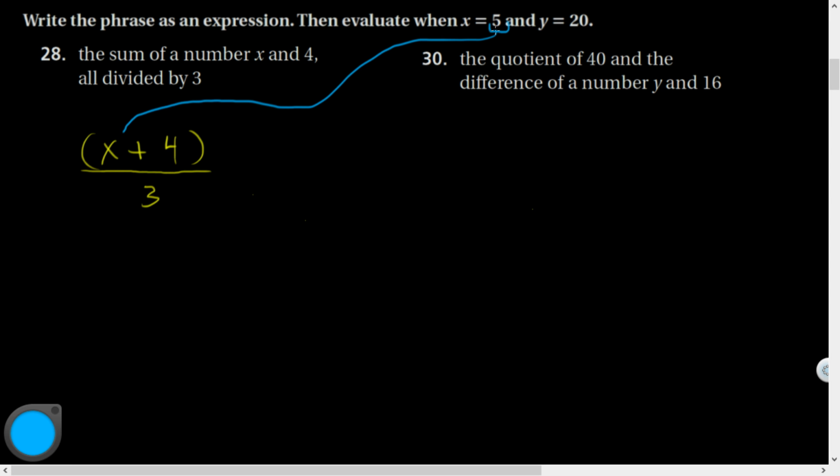There is no Y here, so I'm going to plug in 5 there, and I will get 5 plus 4, all divided by 3. First operation, according to PEMDAS, is addition, because this is in the numerator. It's like a grouping symbol, like parentheses. So that's going to be 9 divided by 3, which is 3. All right. Do you guys get 28? Any questions on that one? Nah? All right.